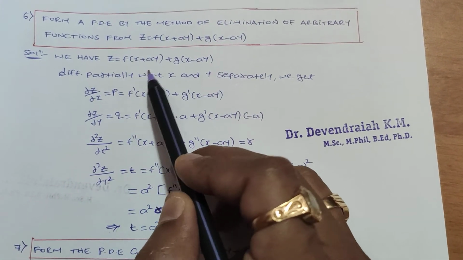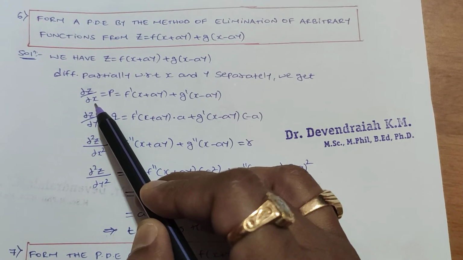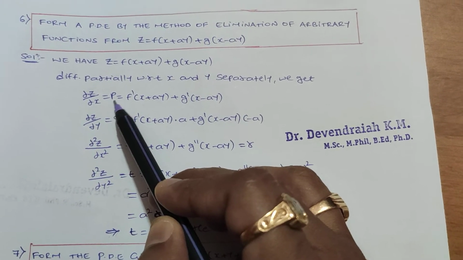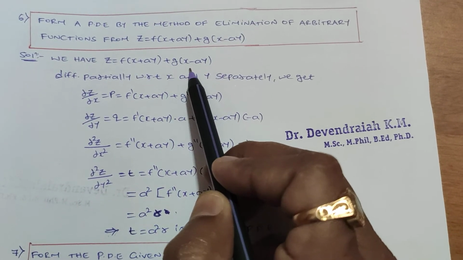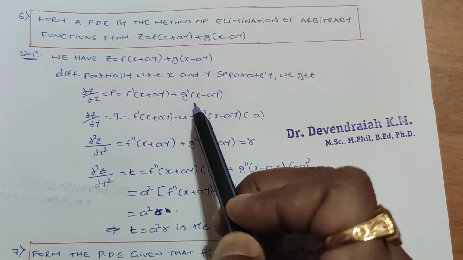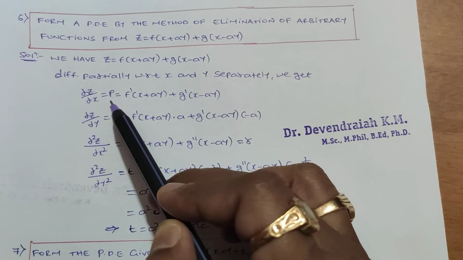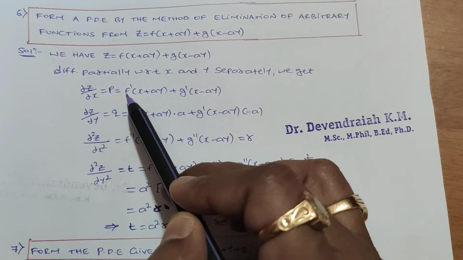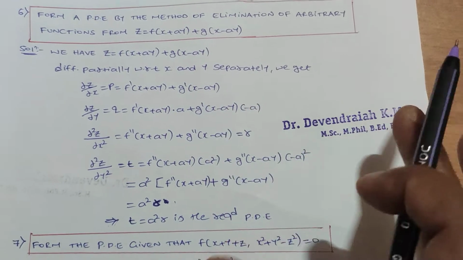On differentiating partially with respect to x, we observe dou z by dou x, which equals p, which equals f dash of x plus ay plus g dash of x minus ay. As we know, the inner derivative of x will be 1, and in this case also the inner derivative of x will be 1. Therefore dou z by dou x will be f dash of x plus ay plus g dash of x minus ay.